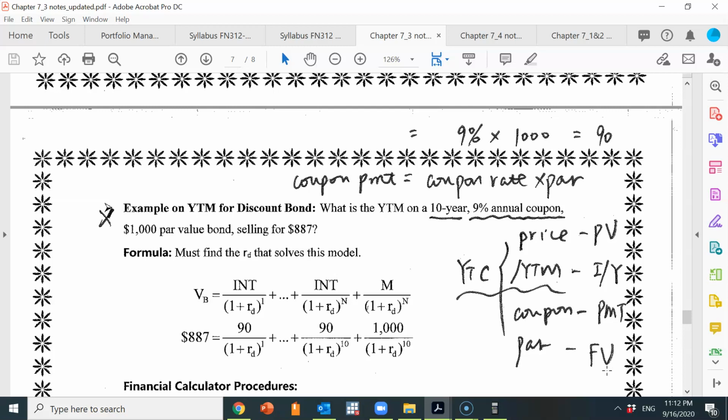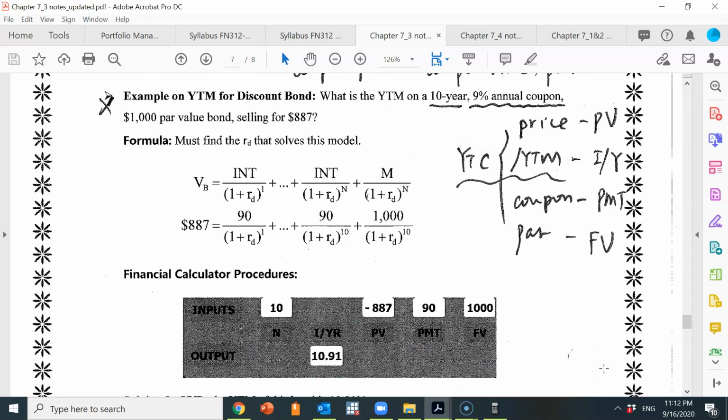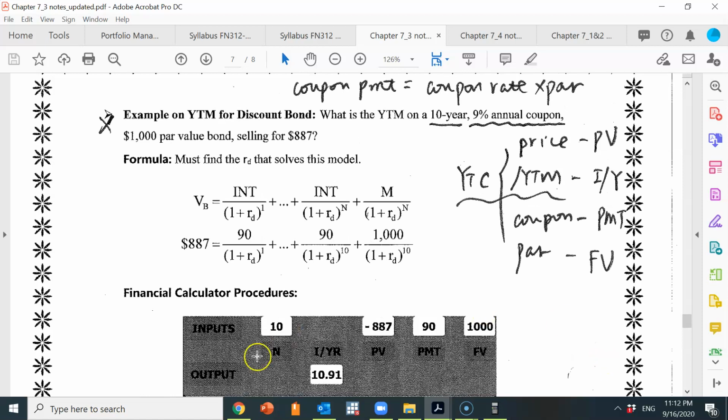But if you have finished the question, let's look at the answer here. Okay, for this question, we can input N as 10 because this bond is 10-year. Present value as the given bond price, but remember, the bond price is something you are paying for today. So we input negative 887 as our PV.